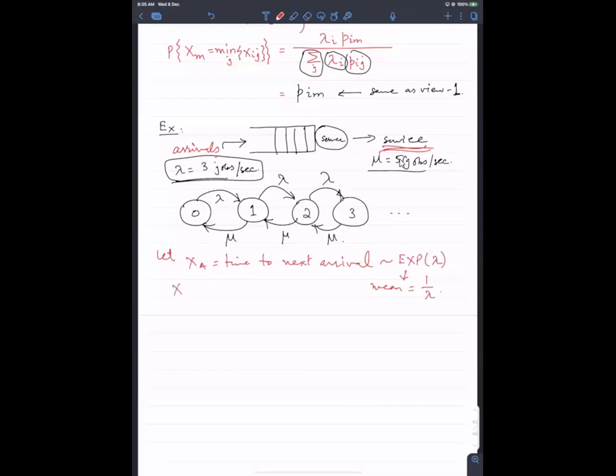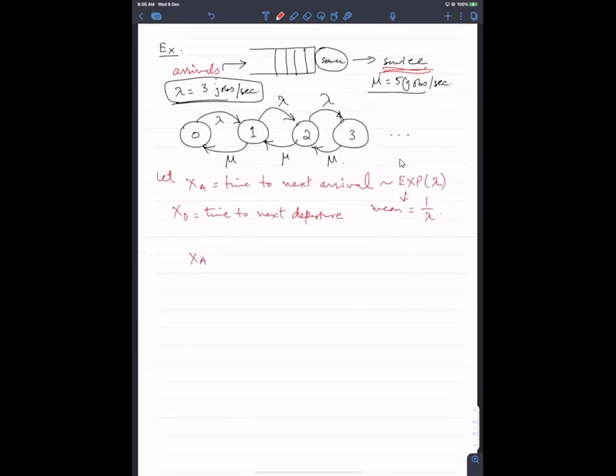Let's also assume that X_D is the time to next departure. Next departure. And X_A and X_D are independent random variables.